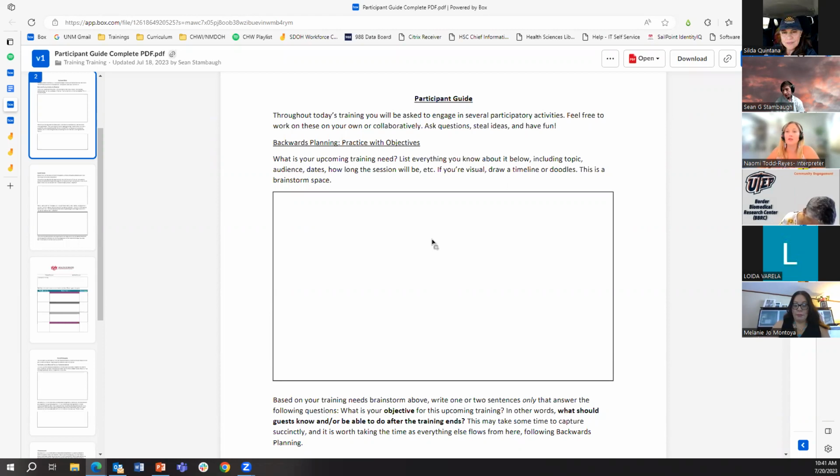If you have the participant guide printed, feel free to actually just write all over it. If not, you can pull out a separate piece of paper to do this and kind of follow along with the participant guide on your screen. It doesn't matter how you do this, but just spend a minute or two brainstorming ideas about an upcoming training need.